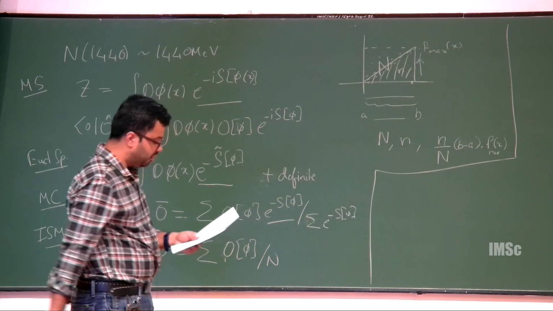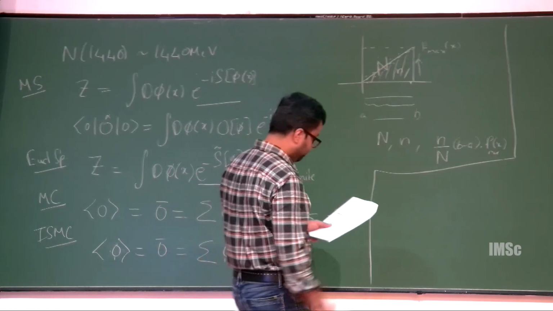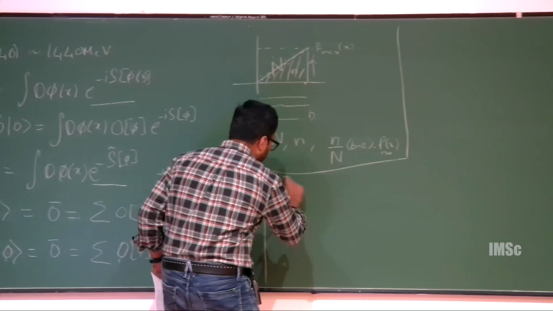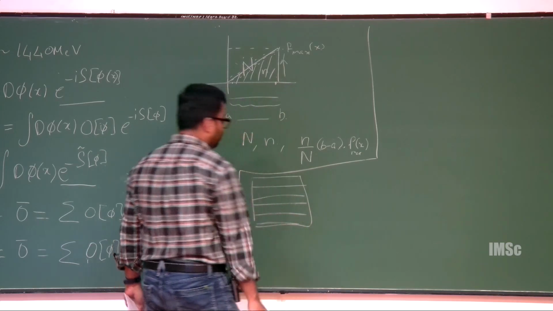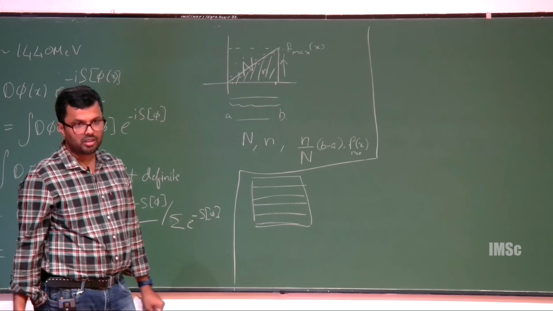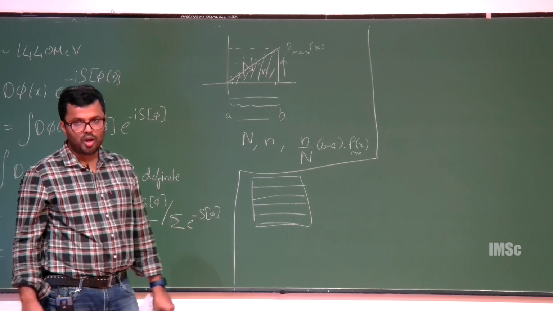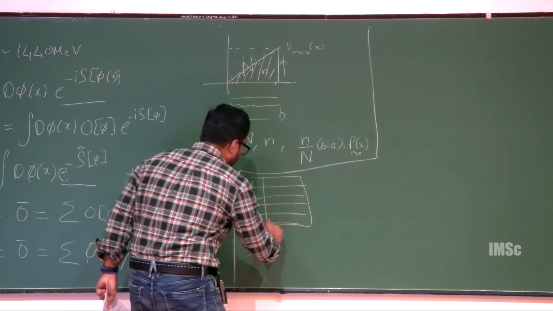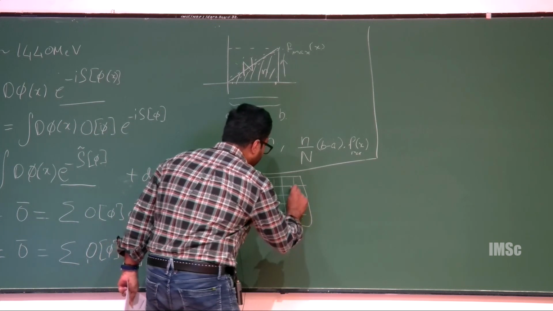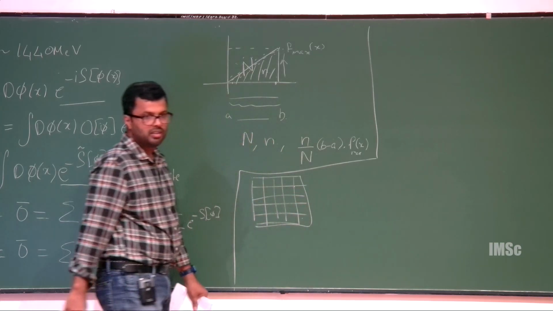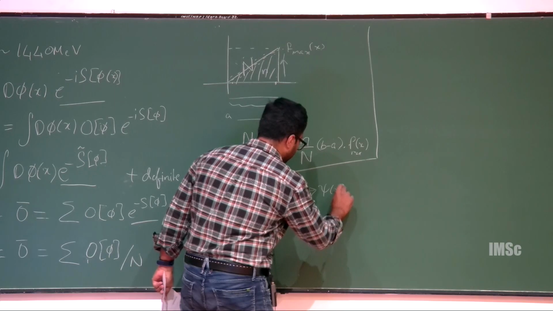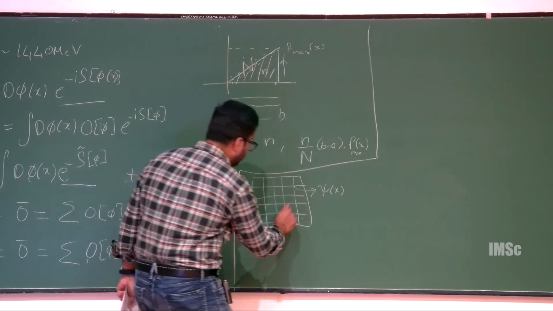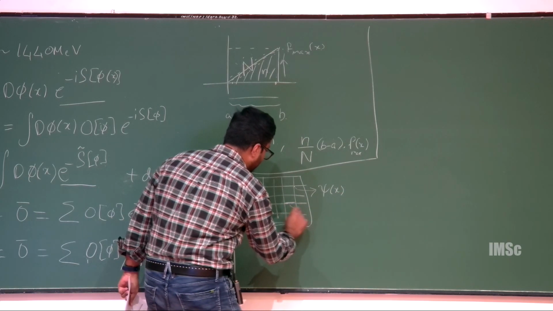Now you define your theory on the lattice. This you have already heard from Professor Hadra's talk. For lattice QCD you need gauge fields as well as fermion fields. So you put your fermion fields on the lattice sites, and you put your gauge fields as links.